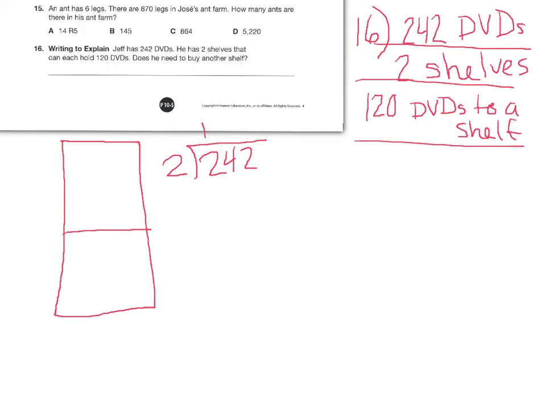How many 2's are in 2? There is 1. Sorry, my 2's a little weird there. 2 minus 2 is 0. Bring down that 4. And then how many 2's are in 4? There are 2 2's in 4.